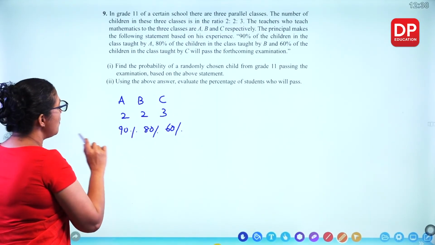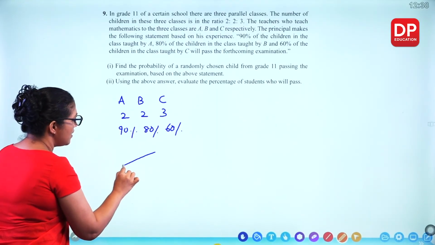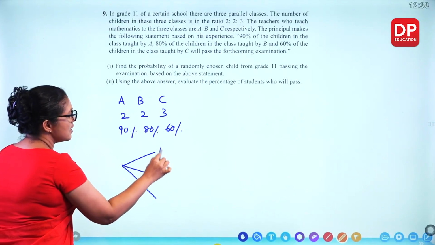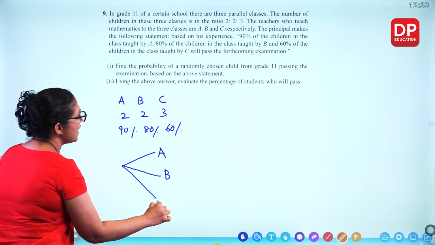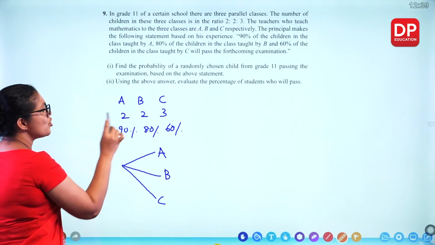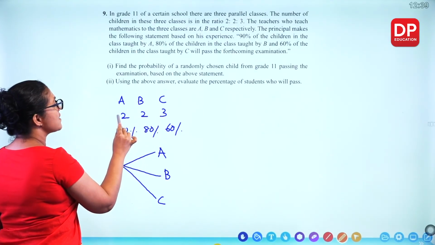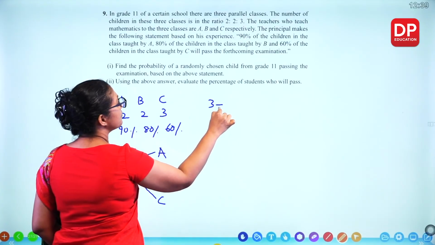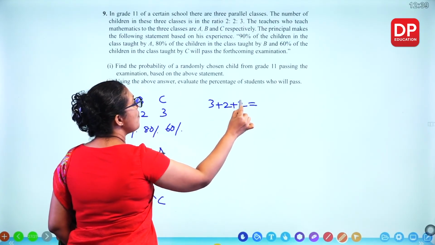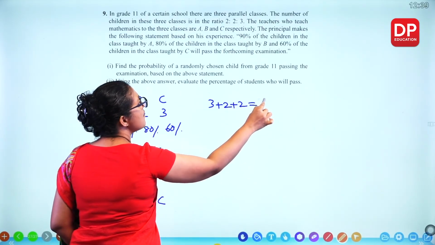So here we can say there are 3 branches, class A, class B, class C. So what's the ratio? 2 to 2 to 3 means total is 3 plus 2 plus 2. How many total parts? 7 parts.